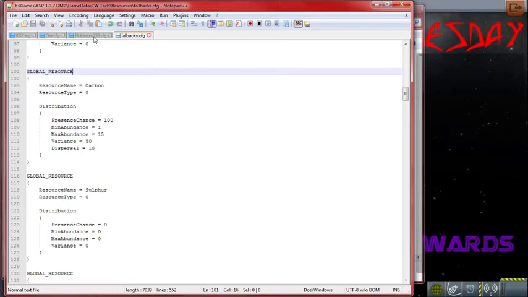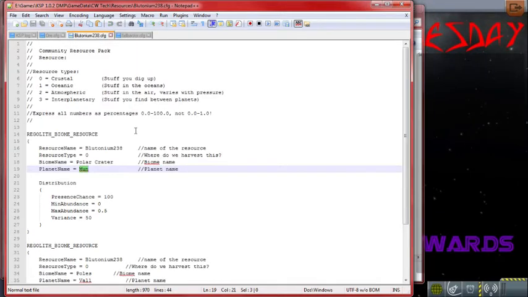So let's go and save that. So looking at plutonium, what needs to be changed? It depends on how you want to set your resources up.